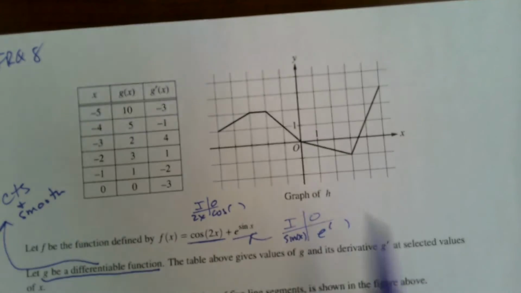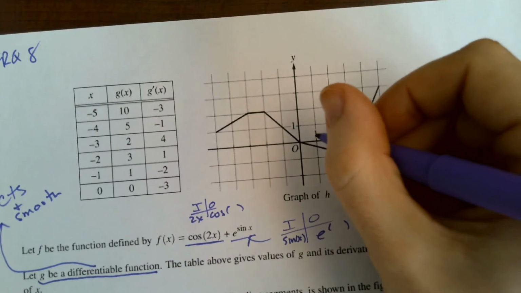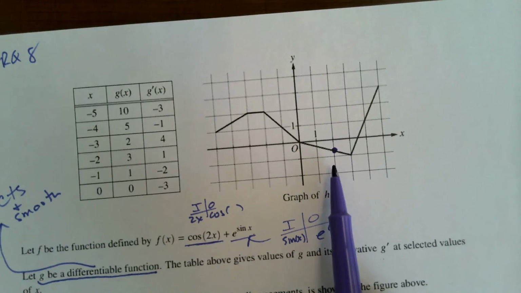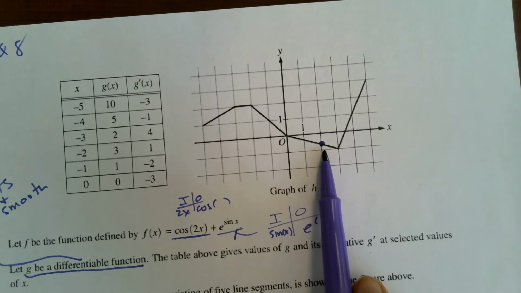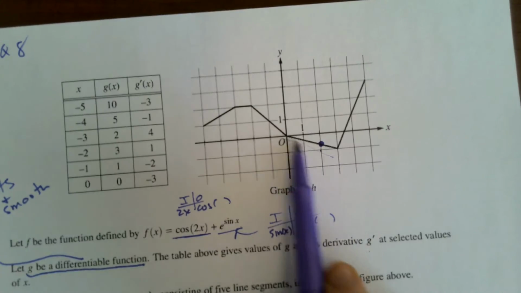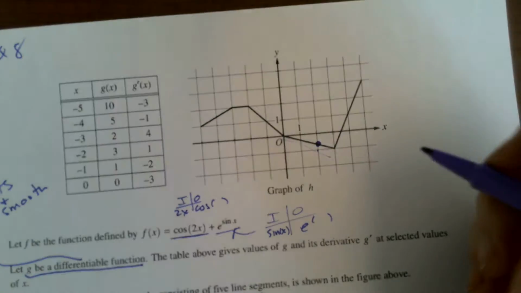Now, h prime of 2, we need to use this graph. All right, so we need the slope of the tangent line to the graph at that point. Guys, they already told you this graph consists of lines. So this is a situation where the slope of the tangent line is the same as the slope of that line.